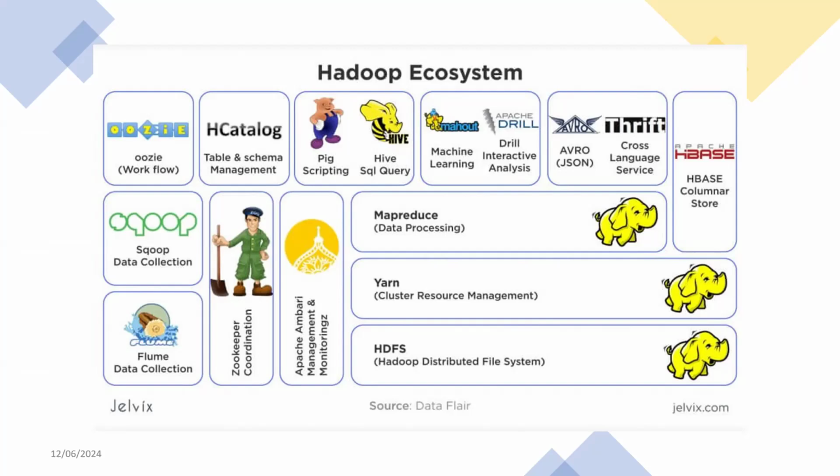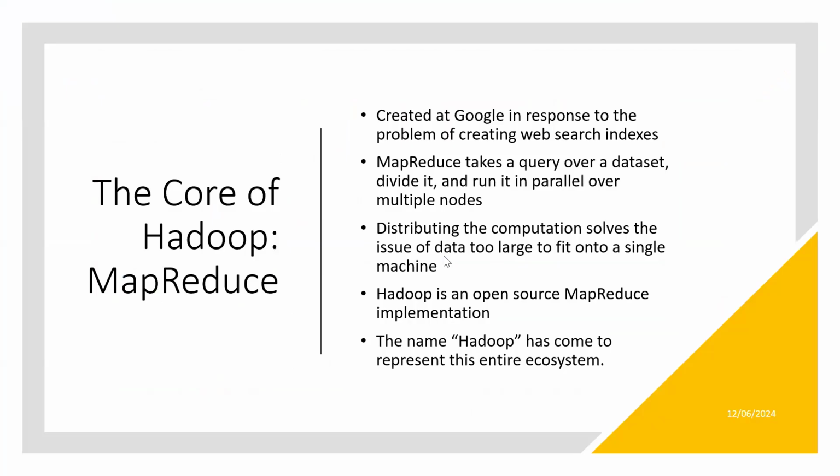So let's go through each layer or module and try to understand what is happening in each place. The core components we want to discuss are two, and I will talk about this in the next slide.